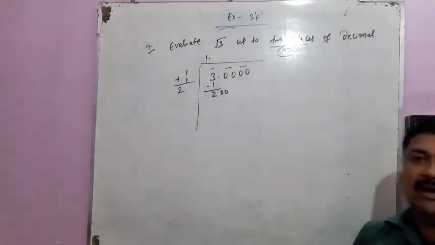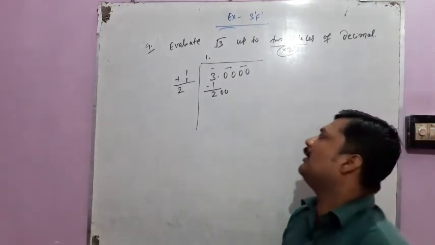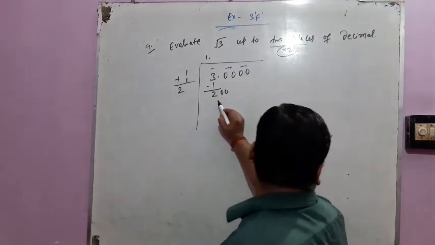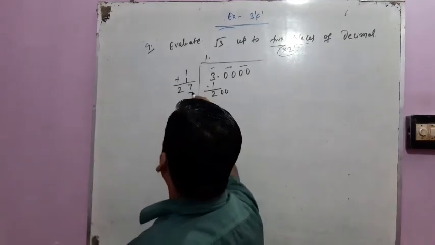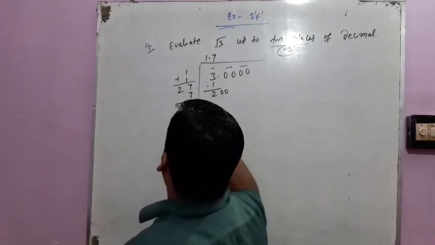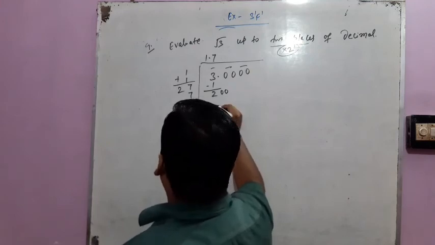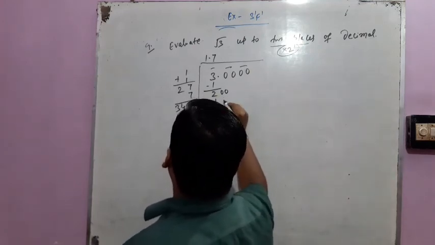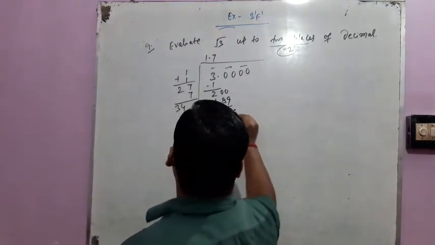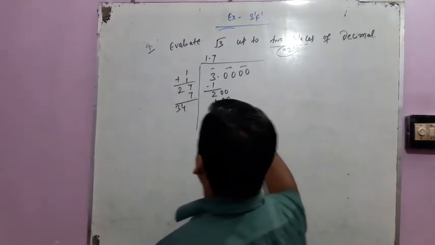Now we have to think what number we will write here and multiply with the same to get the value nearest to 200. 27 times 7 is 189. What remainder remains here? 11. Again we are taking 2 zeros here.